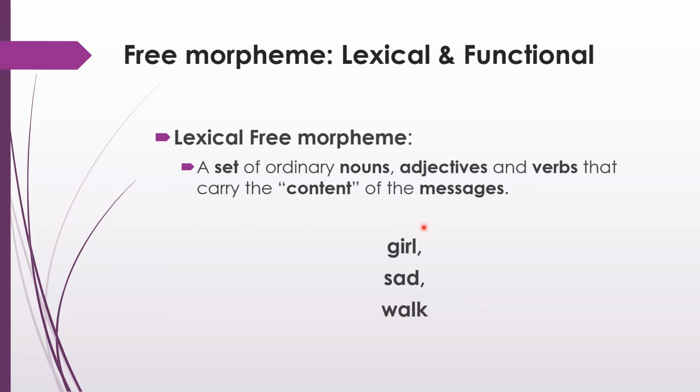There could be some other morpheme. For example, girls. This is a word, but in this particular word we have two different morphemes. So we cannot say all morphemes are words, and we cannot say all words give us only one morpheme. That's why we need to separate this.